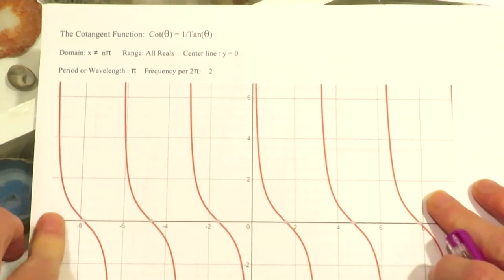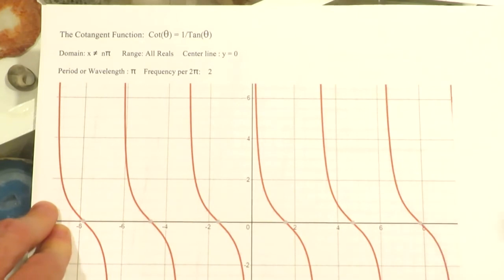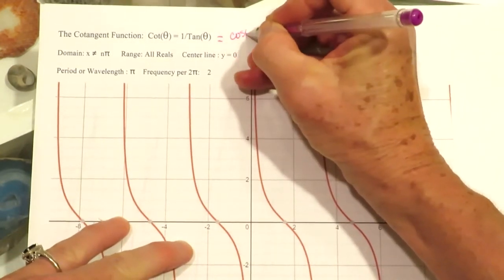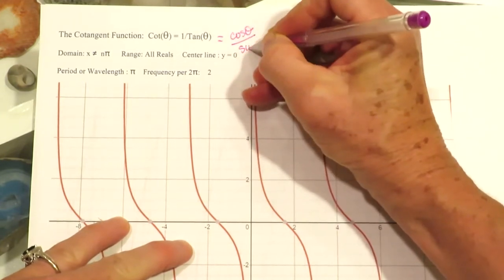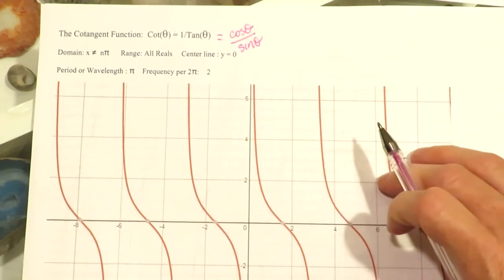Cotangent is the reciprocal of tangent. And so it also could be rewritten as cosine in the numerator and sine in the denominator. So where sine is 0, that's where our vertical asymptotes would be. So we just got done talking about cosecant, where sine was in the denominator. So at any multiple of pi, we're going to have an asymptote.